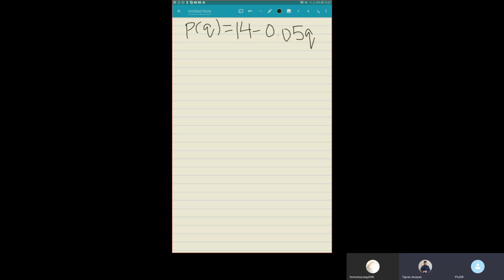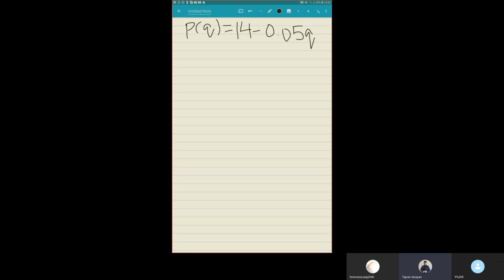Let's solve the first one first, and then we can proceed to the next one. So for problem A, we need to derive this equation that they already gave. We have to find it back using the relation profit is revenue minus total cost. Let me have a look first. I don't really understand the question.